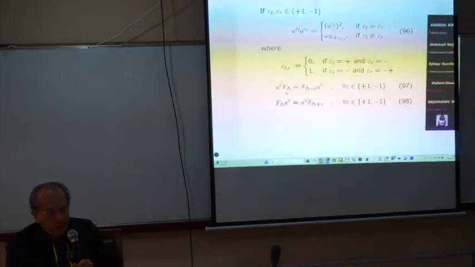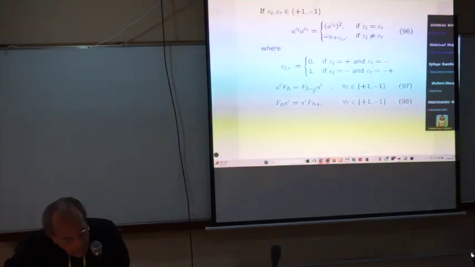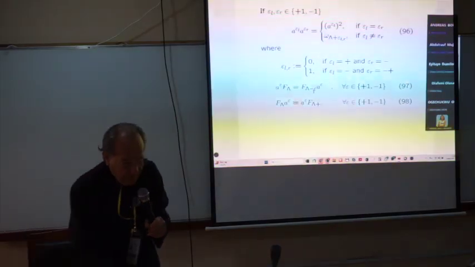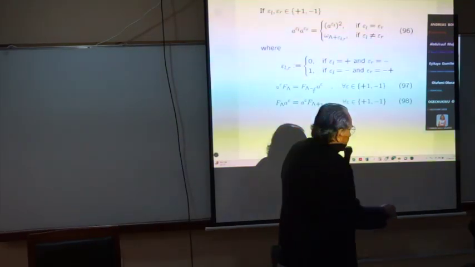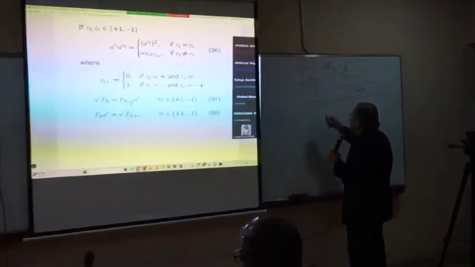So this is the first multiplication table. And you see that this multiplication table shows what happens if I multiply a creator or an annihilator times a function of the number operator. You see, here the function is on the right, here it goes on the left, but with a change in index. Maybe you are not familiar with the notation, but the notation is this.